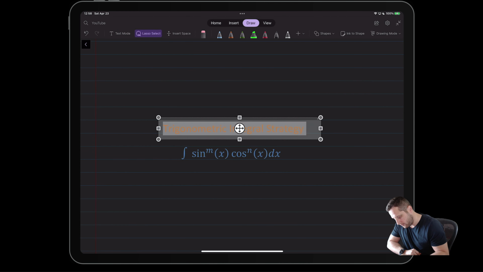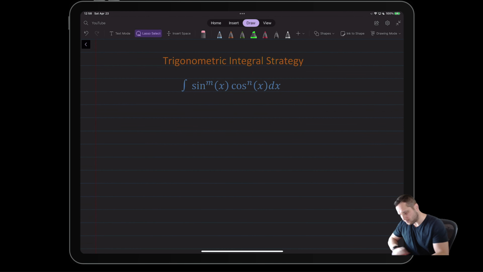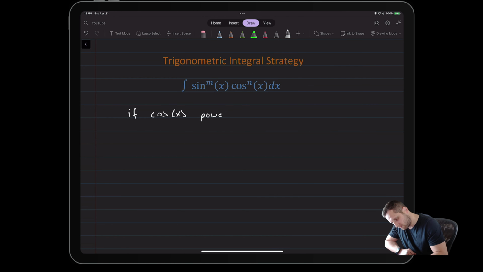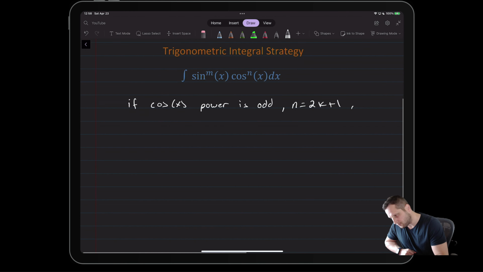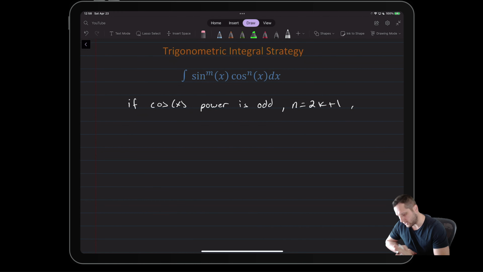So if your cosine power is odd, so this means it is of the form n equals 2k plus 1, then what you want to do is pull out a factor of cosine, which drops it down to even, and then express that cosine in terms of sine.